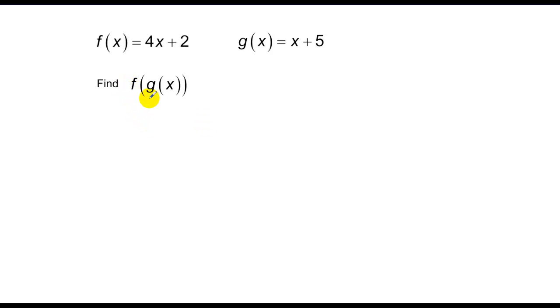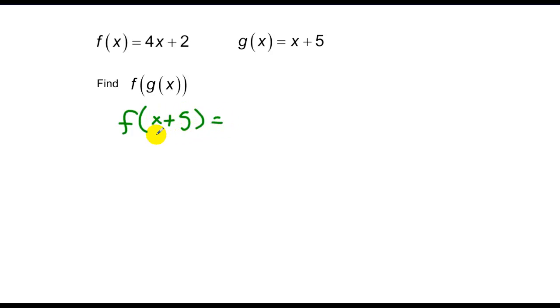We'll evaluate f of g of x. There's no number in this case, so what it's saying to do is take the whole g of x function, substitute it in here, and then evaluate f of that value. So, for instance, the g of x function is just x plus 5.